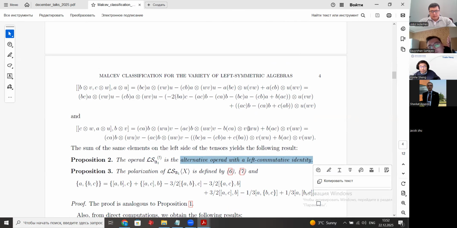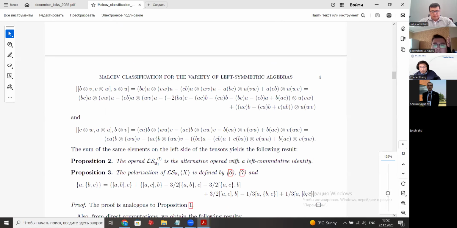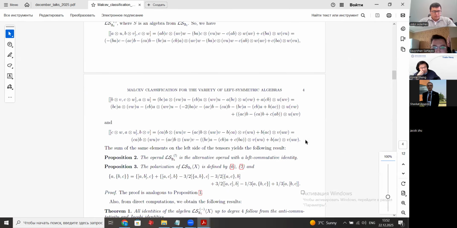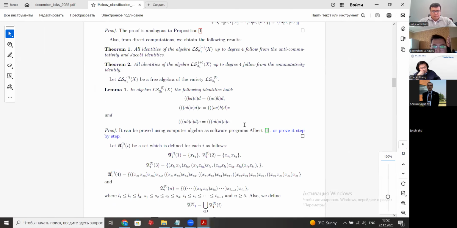If you compute, you see again some well-known objects: the alternative operad, of course, is known, and the left commutative identity is also known. So that's a combination of two varieties, like an intersection. Here also there are some beautiful identities, no matter, I don't have enough time for this.